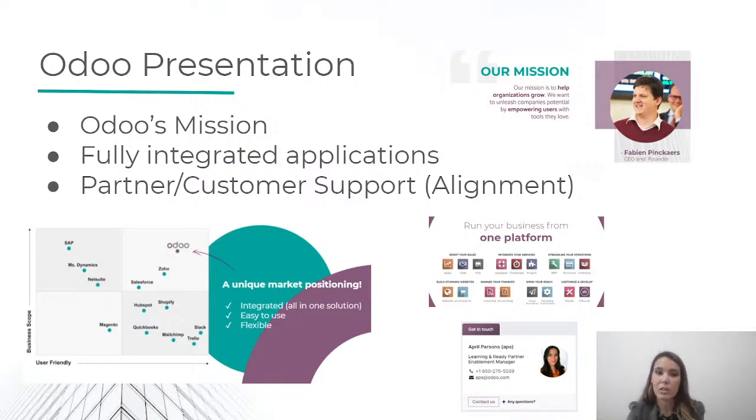So our mission has always been to be a fully integrated suite of applications. Fabian has made it one of his goals to be one of the most user-friendly, as well as in price points that are favorable to the customer, right?